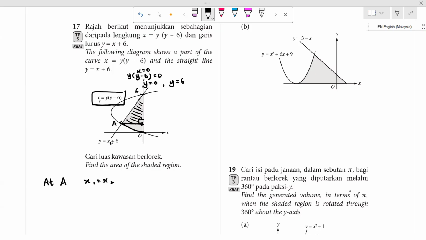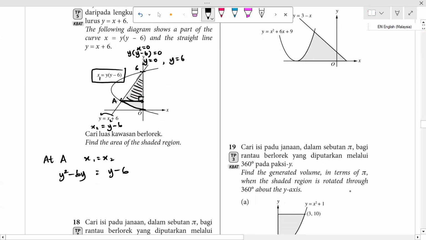So the x1 part you replace with y squared minus 6y. The x2 part is not y, because you got to bring the plus 6 over. So x2 equals to y minus 6. Replace that and rearrange: y squared minus 7y plus 6 equals to 0.